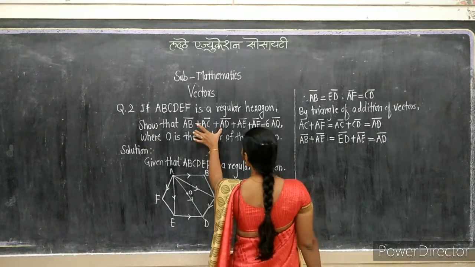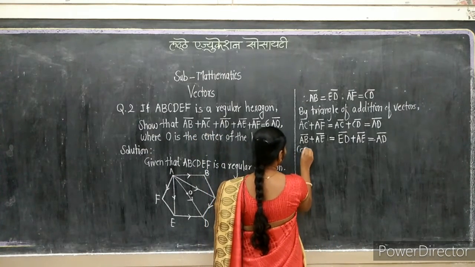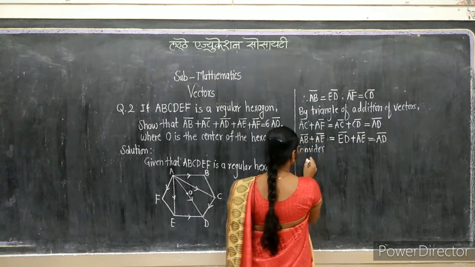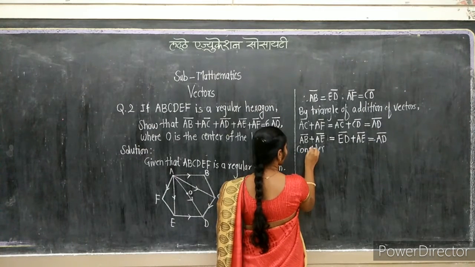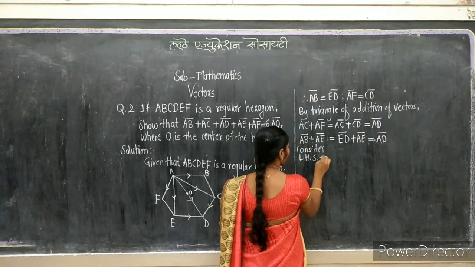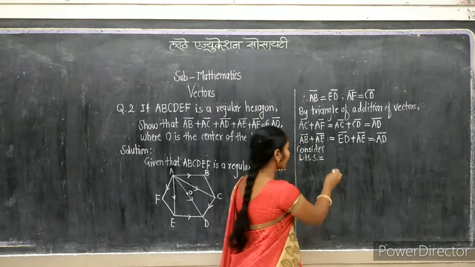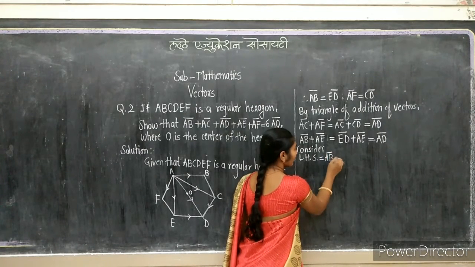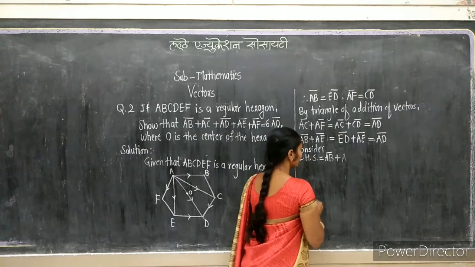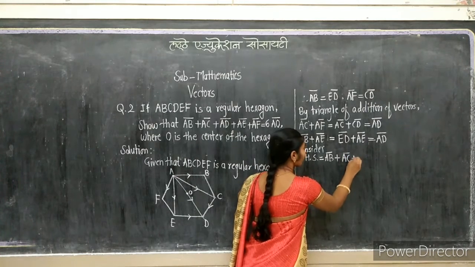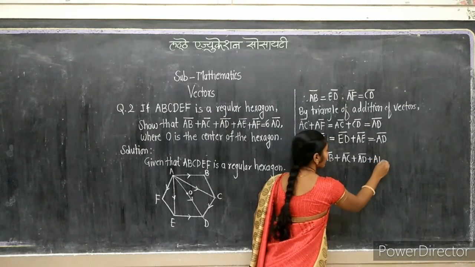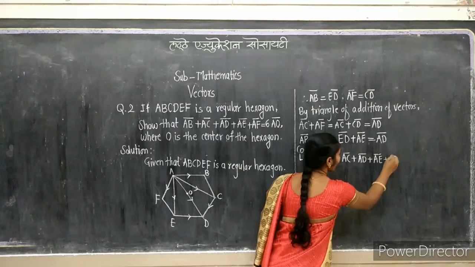Then consider the LHS. AB bar plus AC bar plus AD bar plus AE bar plus AF bar.